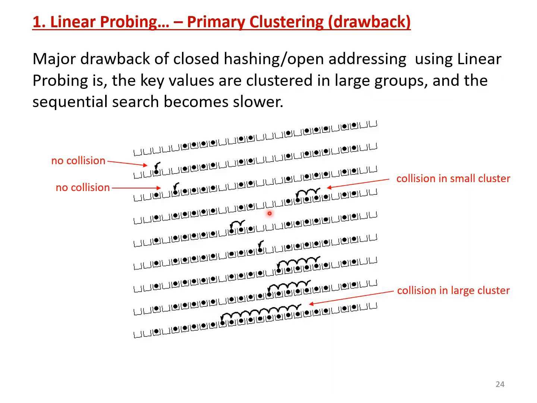The major drawback of linear probing is primary clustering. That is, some key values are clustered in larger groups, so the sequential search becomes slower. This is a major drawback in this type of probing technique.